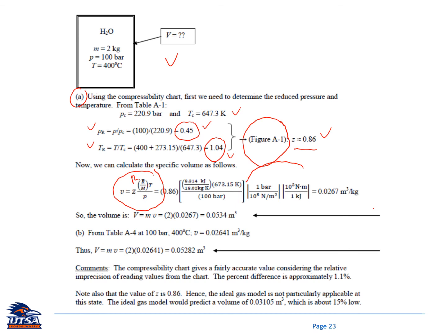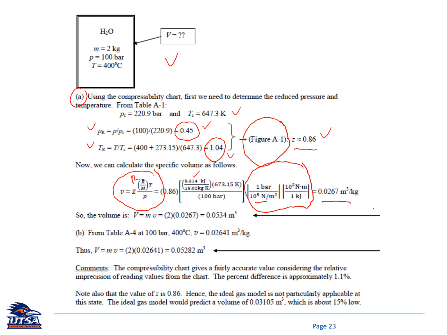Don't forget to apply the conversion factor here. You need to convert from bar to Pascal, or Newton per square meter, so divided by 10 to the power of 5. And then you need to convert from kilojoule to joule, because here I use R in kilojoule, 8.314. When you plug in all the numbers, you have the specific volume.